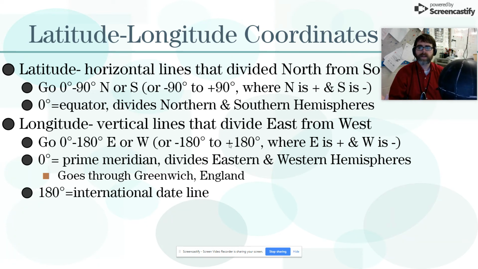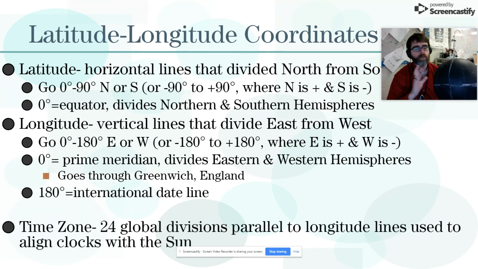There is no reason to call north positive and east positive, but it ends up being a very European centric thing. Here in the United States, where we are, north is positive, but for our longitude, we are actually negative. And we'll get to an example of where we're at with latitude and longitude here in a bit.